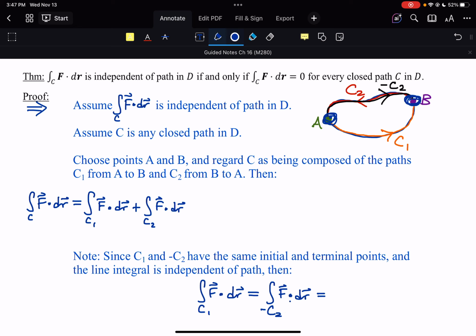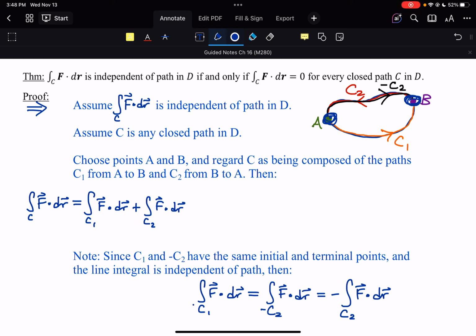But the line integral over the opposite of C2 is going to be exactly the opposite value of the line integral over C2. Opposite direction, opposite value.